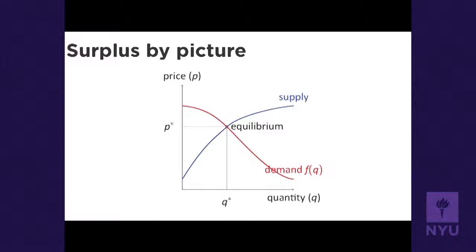So the product of how much is charged for each unit times how much is sold is the market revenue. That's how much money is generated for the people selling it. Now, this part of the demand curve represents people who would have paid more than the current equilibrium price.